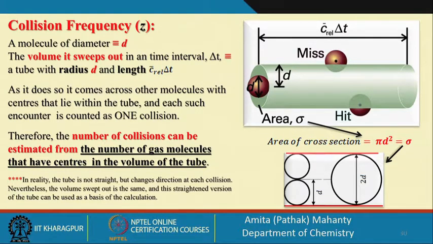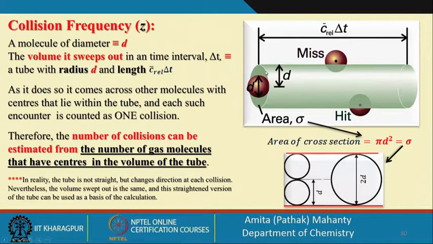The molecules are moving with the relative mean velocity, and velocity is distance by time, so velocity into time is the distance, which we have done a number of times. This gives you the length of the tube, and the cross section is determined by the diameter of the molecules.